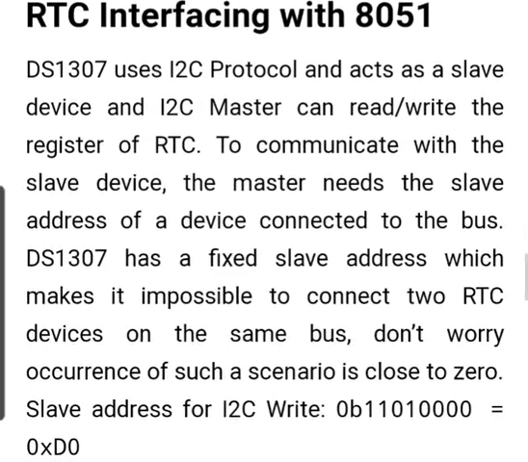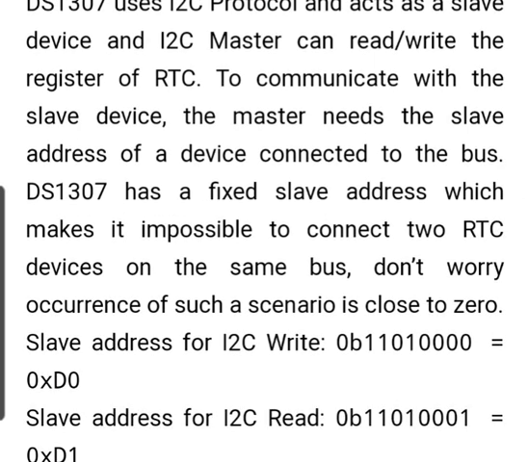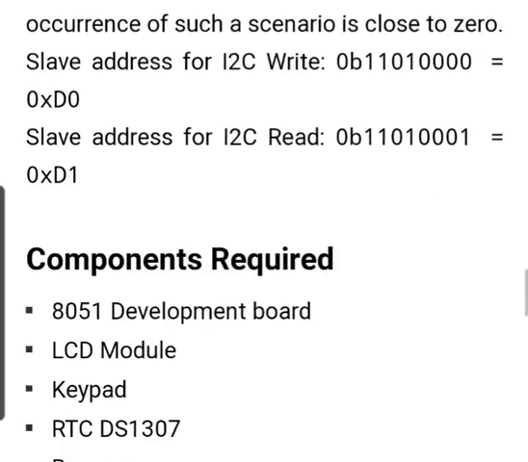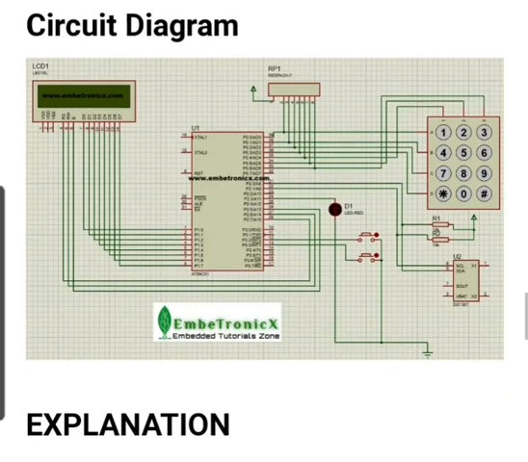Now the next is RTC interfacing with 8051. The DS1307 uses the I2C protocol and acts as a slave device, and the I2C master can read or write the registers of the RTC. To communicate with the slave device, the master needs the slave address of the device connected to the bus. The components required are given here and the circuit diagram is shown.